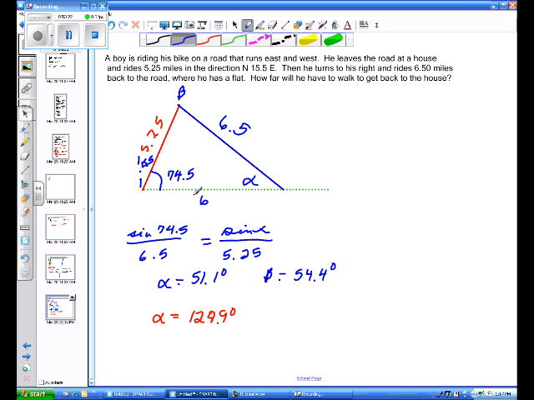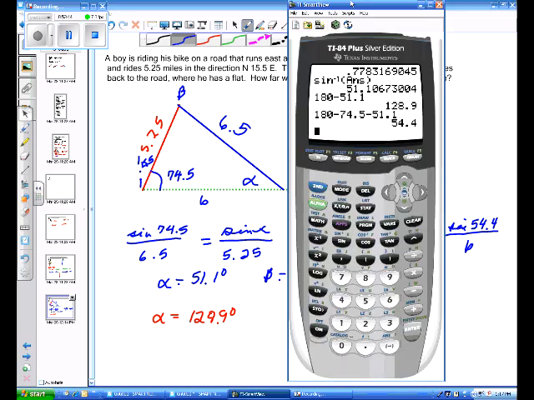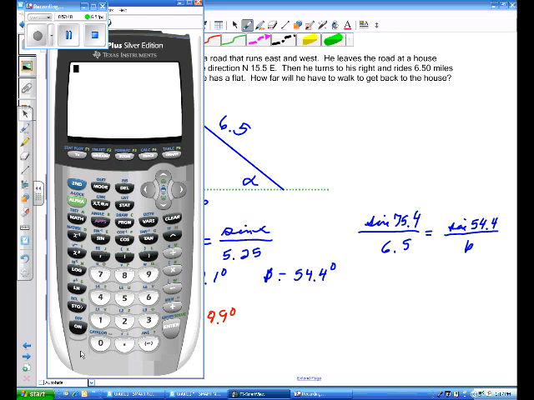Once I know that, then I can get my side B. So I have the sine of 74.5 is to 6.5 as the sine of 54.4 is to B. So 6.5 sine 54.4 divided by the sine 74.5.